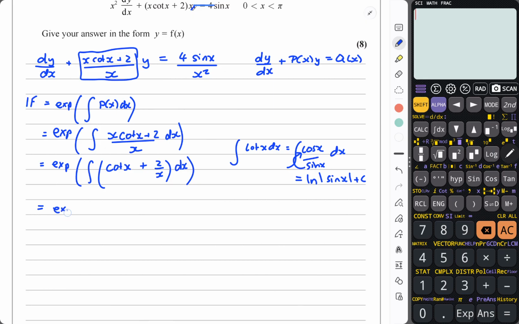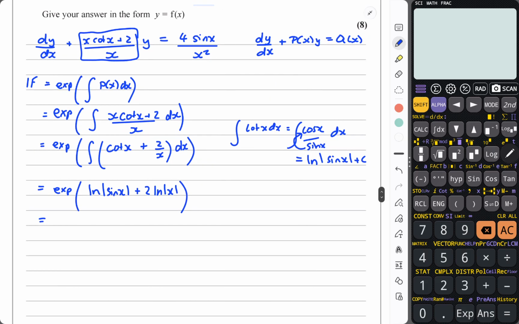So exponential, always with integrating factors, we're going to see some sort of exponential, so it cancels normally. Not all the time, but in a lot of cases you will. So we're going to have log modulus of sine x plus 2 log modulus of x. Don't need the plus c because it pops out as just a constant that we times by, so it doesn't really matter.